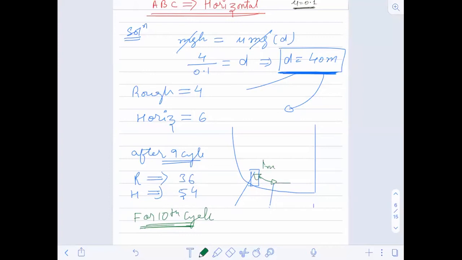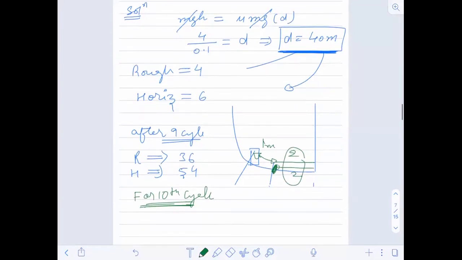Then it is moving here and again here. So this is 2 meter, 2 meter. How much has it moved on rough after 9 cycles? In the 10th cycle, has it completed 40 here only? Yes or no? It has completed 40 here only.